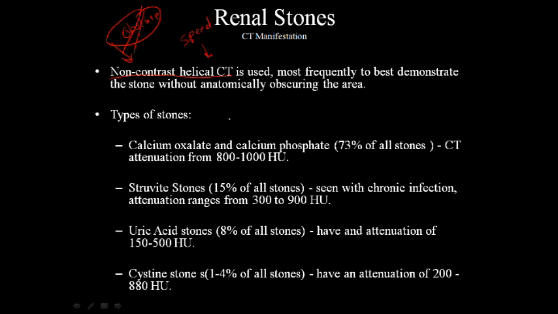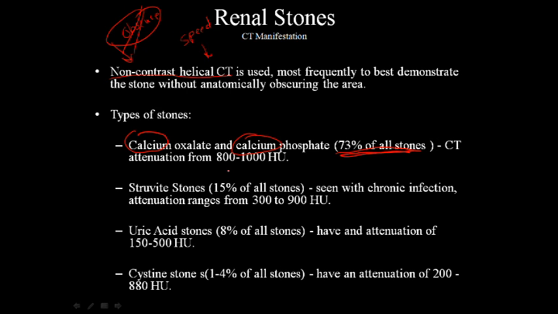And so that brings us to the type of stones. Typically we all just kind of lump renal stones into one category, but that's not to say that all stones are created equal. We have calcium oxalate and calcium phosphate. Notice here that the key word in both is calcium. Calcium increases the density, and because of this, it's 73% of all stones.